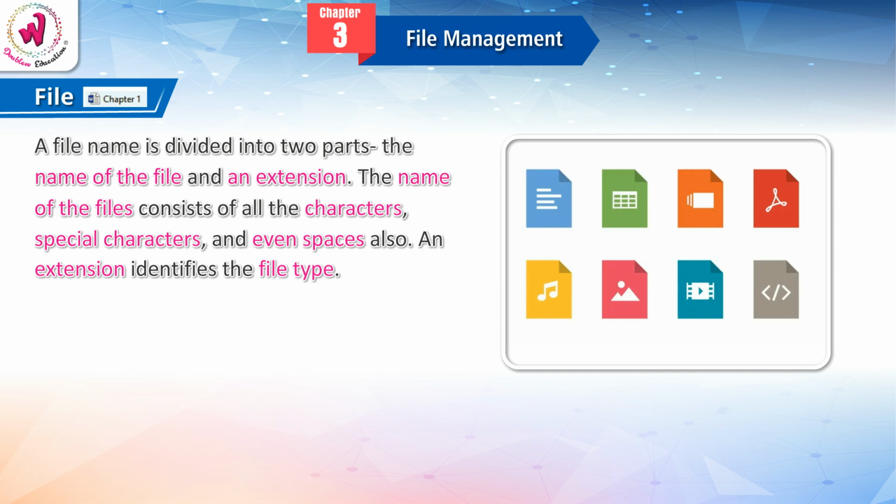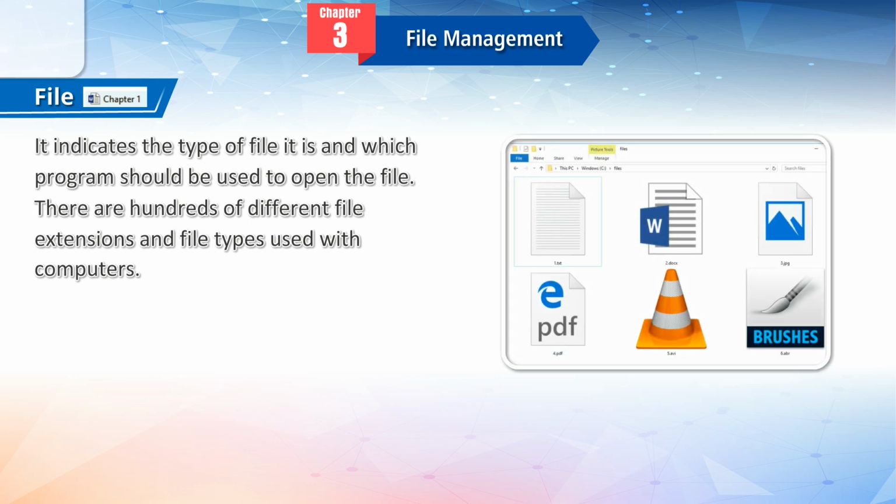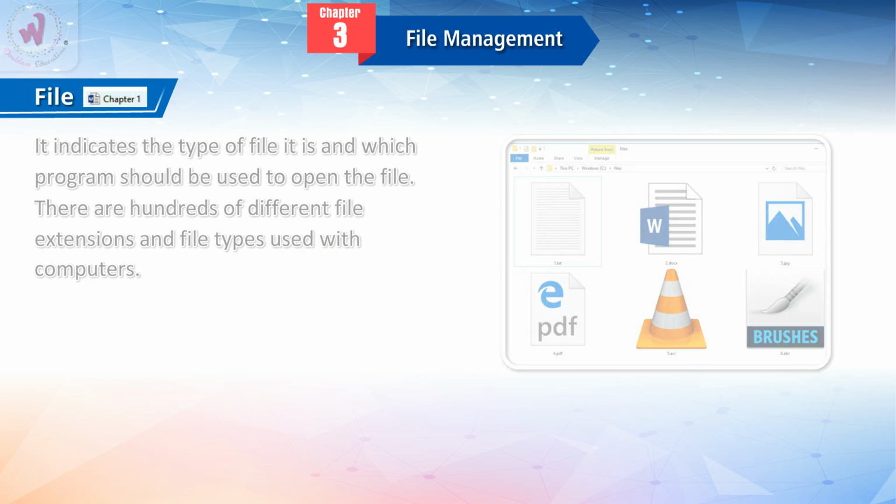An extension identifies the file type. It indicates the type of file it is and which program should be used to open the file. There are hundreds of different file extensions and file types used with computers.